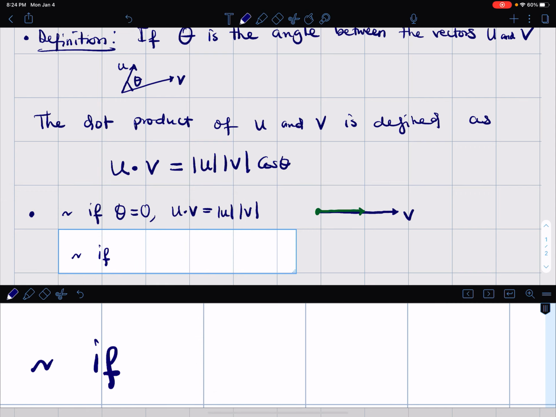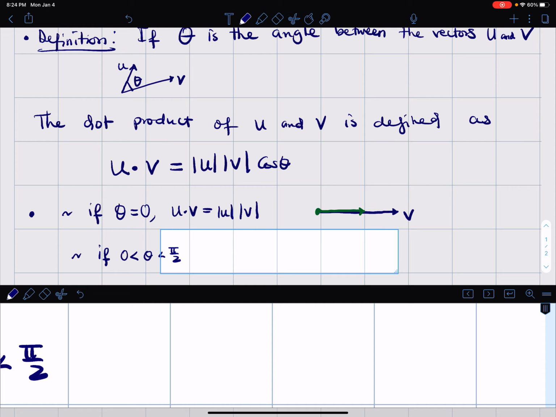Now, how about if theta is between 0 and pi over 2? Then the dot product is the magnitude of u times magnitude of v times cosine of theta. Magnitude of u and magnitude of v are positive numbers. They're always positive because they're the result of computing a square root.